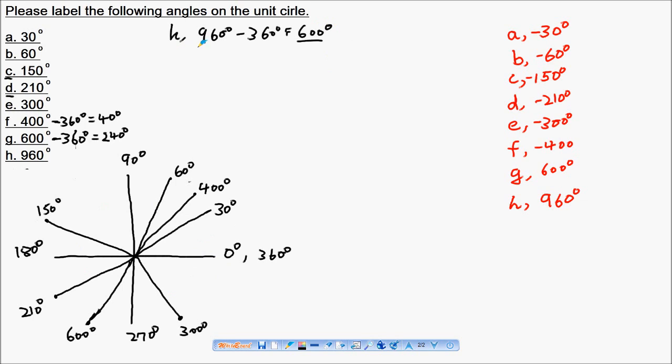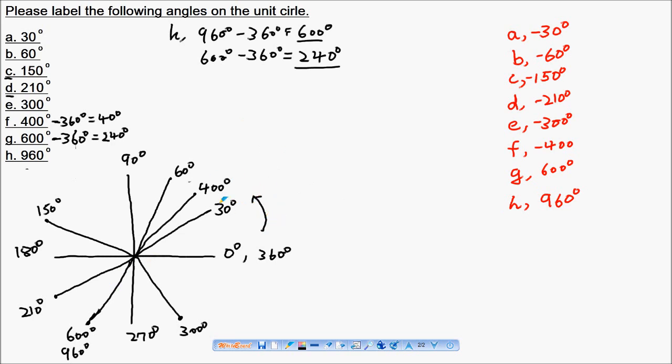I have to use 600 degrees minus 360 degrees again, which is 240 degrees. Now I can draw the representation of 960 degrees, which is the same as 240 degrees. So it should be the same here. So I just put 960 degrees because they are the same on a unit circle. Okay, this is how we draw a unit circle.